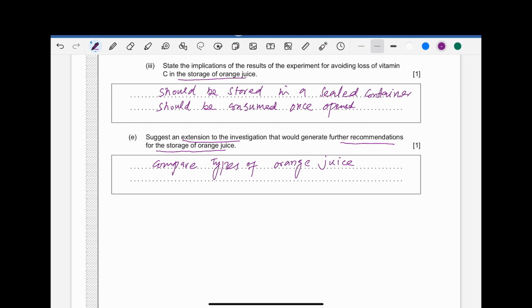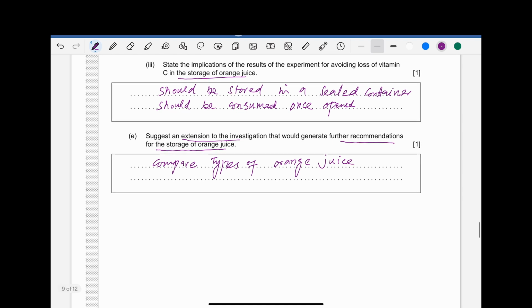Or we can say the effect of temperature. We can do that as well, or we use preservative to increase the shelf life, so effect of preservatives, whether they interfere or not. So these are the possible extensions of the investigation: compare the types of orange juice, effect of preservatives.